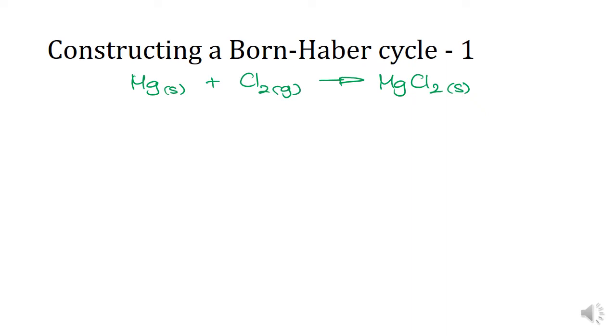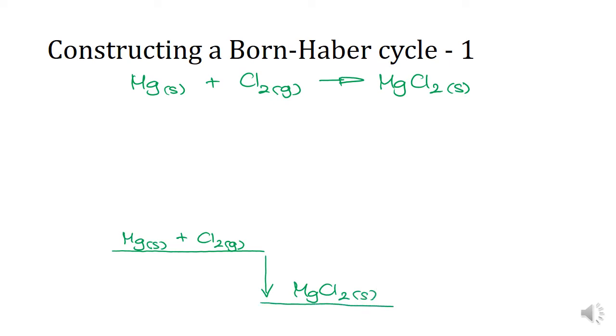I know that I start with magnesium solid and chlorine gas, and I know that I am going to end up with magnesium chloride solid. But what are my steps?